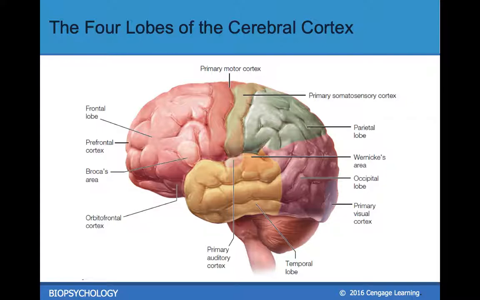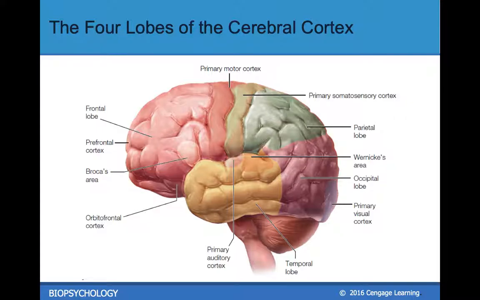If we go to the top of our head, we have our parietal lobe. The parietal lobe contains our primary somatosensory cortex. So again, we've already learned that soma means body. So the somatosensory is the sensations of the body. That part picks up all the different sensory feelings that we get: touch, temperature, pressure, where our body is in space.